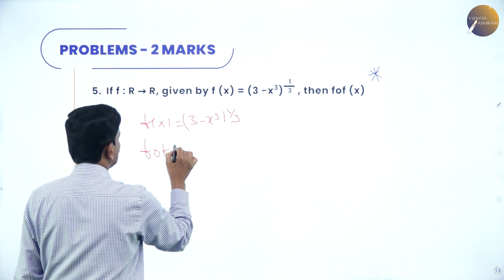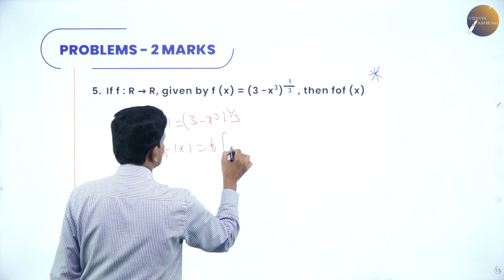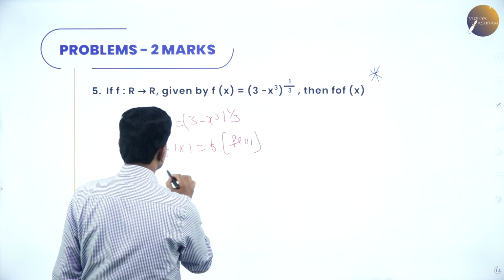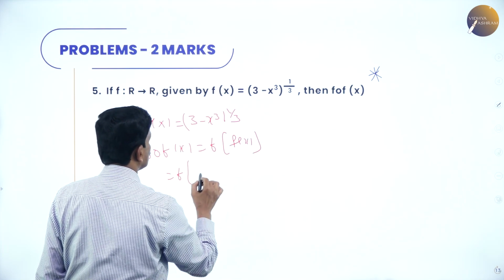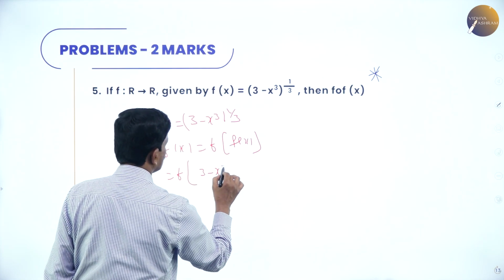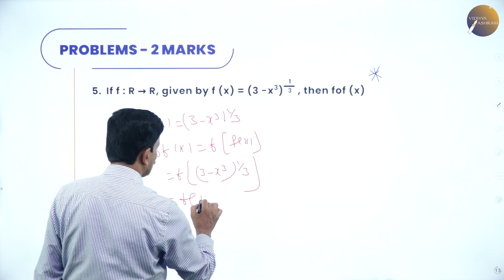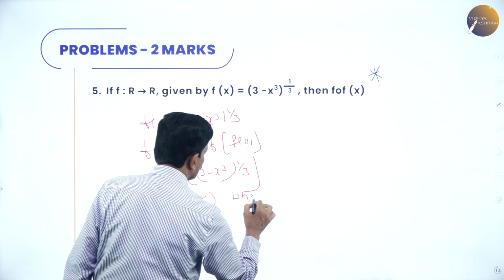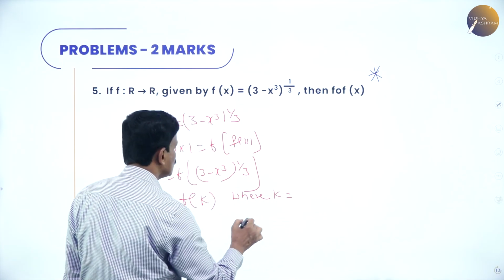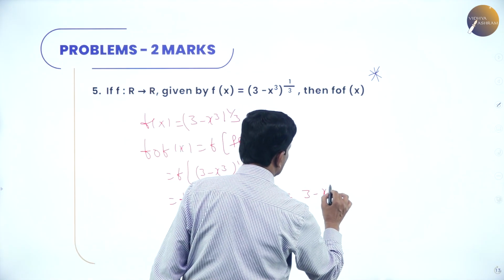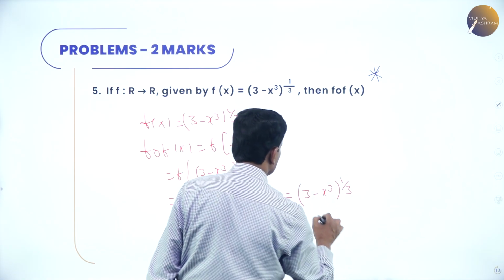Now f naught f of x can be written as f of f of x. This f of x is nothing but 3 minus x cube whole raised to 1 by 3. Now let us call it k, f of k, where k is equal to 3 minus x cube whole raised to 1 by 3.